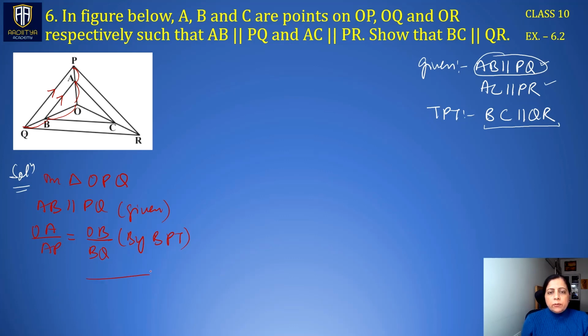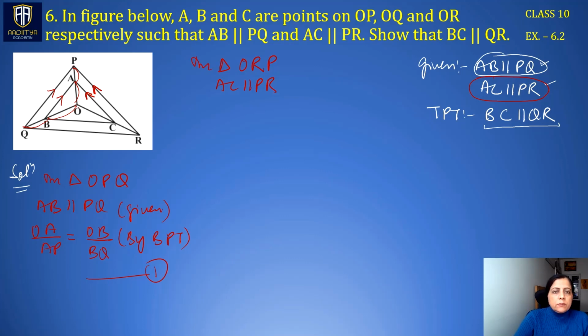So once we have got these ratios of opposite sides, now check for the next pair of parallel sides. It is AC parallel to PR. So what is the name of the triangle? ORP. In triangle ORP or OPR, it is given that AC is parallel to PR.